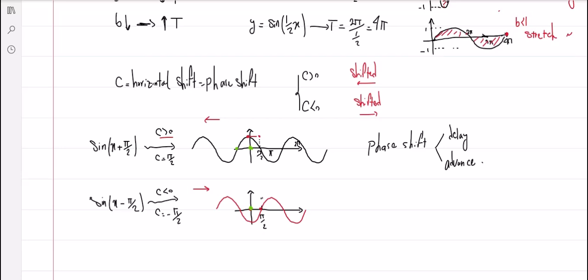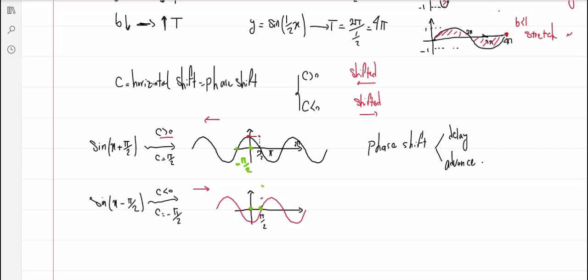It became backward, right? The initial point moved pi over 2 to the left. And also for this one, when we shifted to the right, the initial point moved to this point. So actually, the first one moved back by minus pi over 2.